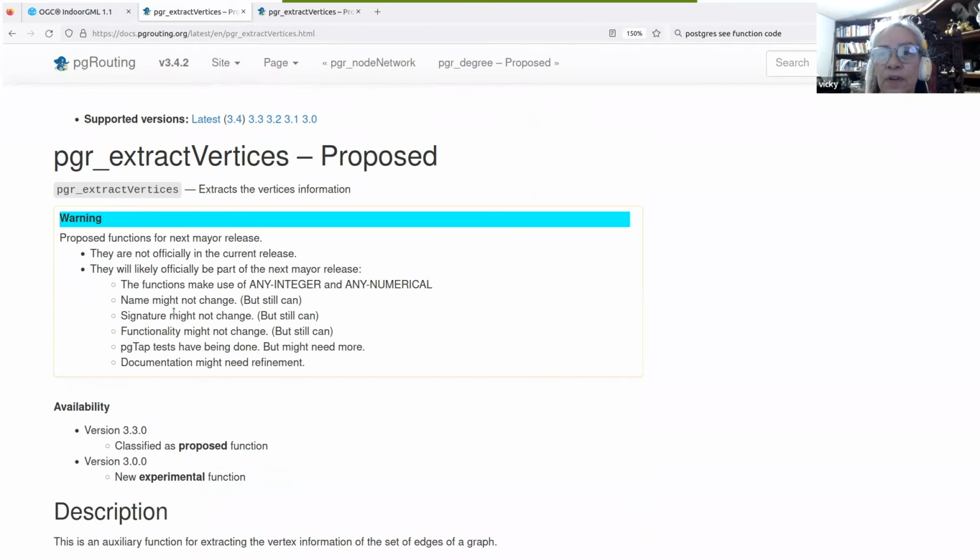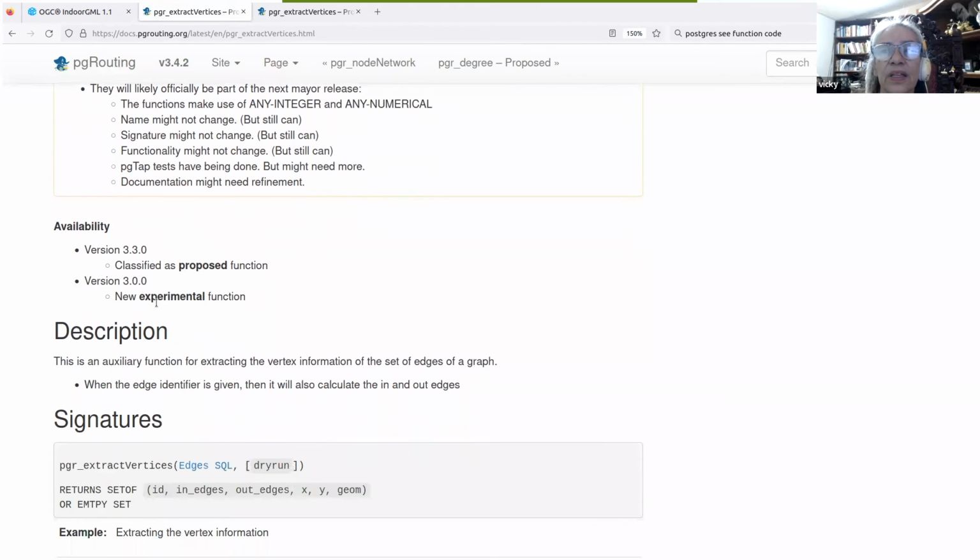It's a proposed function. Okay, it started to be proposed on 3.3. It exists in 3.0. It's being refined during the evolution of version 3.